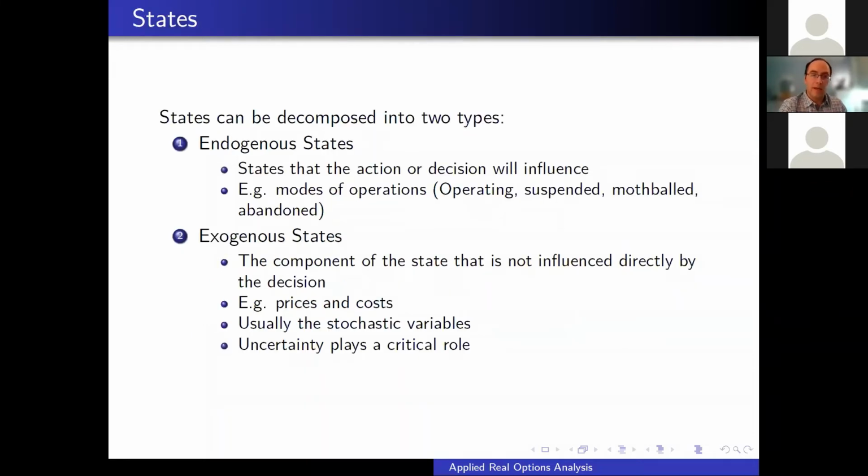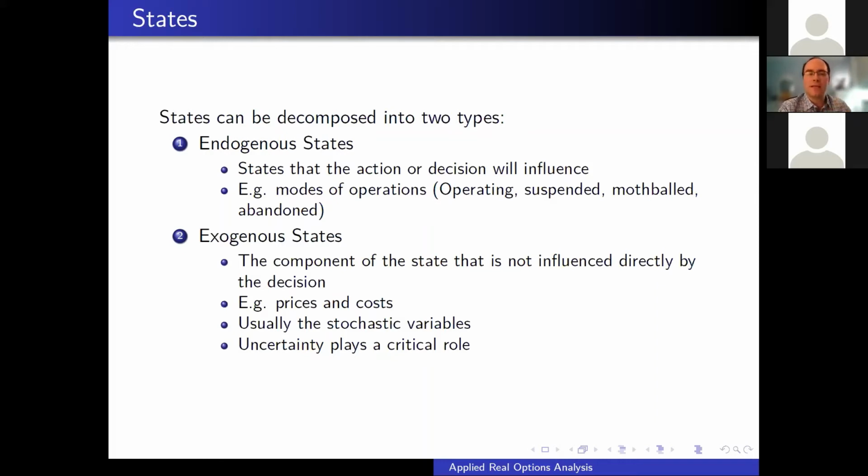So now we come to what states are. Again, I will make this very clear in the model, but states can be decomposed into two types. We have the endogenous state, that which is influenced by our decision, and we also have exogenous states. These are typically our stochastic variables. They are prices that impact the model. They are costs, and the basis function that we just saw is usually a function of the exogenous variables.